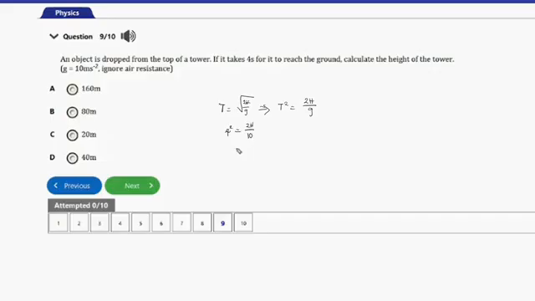So guys, to find h now, we're going to do 2h is equal to 4 squared times 10. 4 squared is 16, then times 10 is 160. So 2h is equal to 160, and then h is equal to 160 over 2, which is 80 meters. So the height of the tower is 80 meters, and option B is the answer to this question.